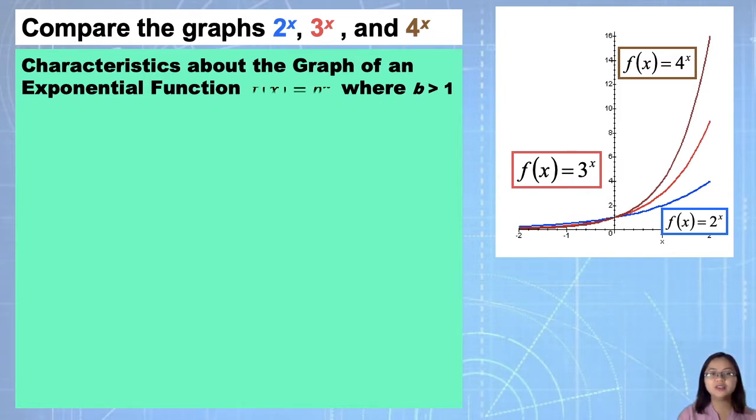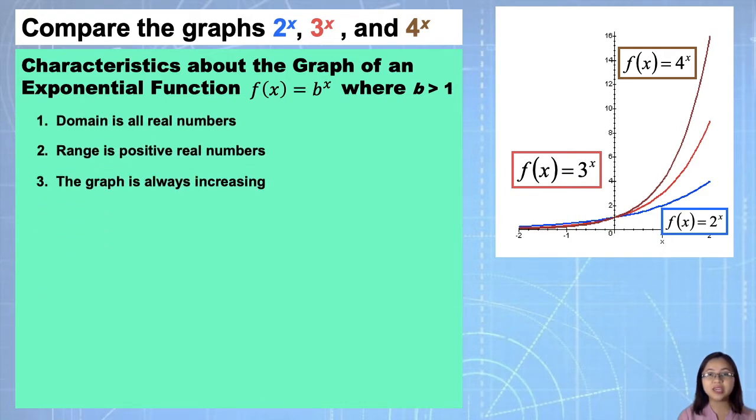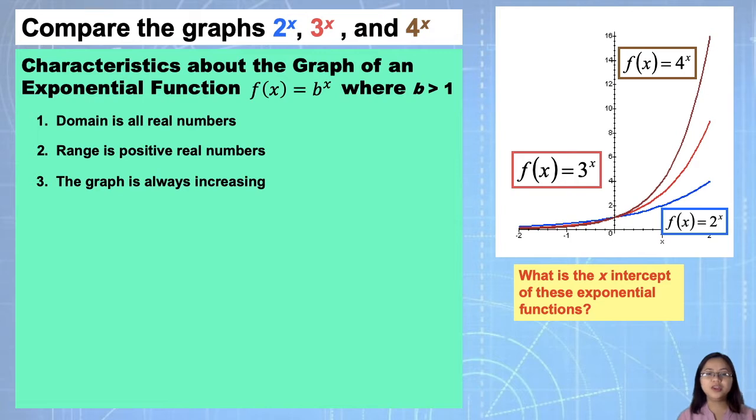So we have the characteristics of the graph of an exponential function f of x is equal to b to the x, where b is greater than 1. We have these three characteristics: the domain, the range, and the observation of the graph. So what do you think is the x-intercept of this exponential function?